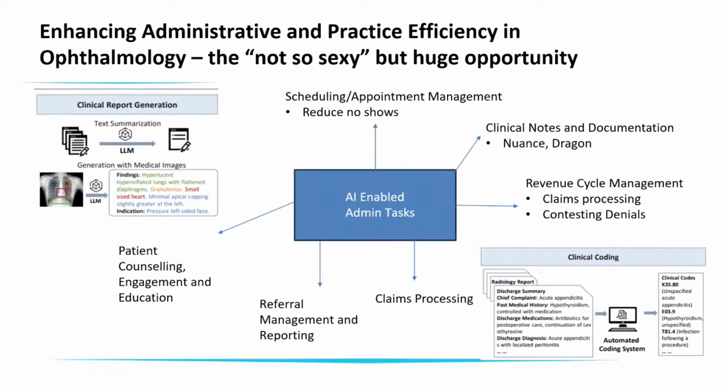Where is AI today? The rest of my talk is really a landscape of where we are. Probably the most effective use of AI to date out in clinical practice is in the administrative world, which is terribly burdened and is just as important for ophthalmology and eye care. You'll see that in education.